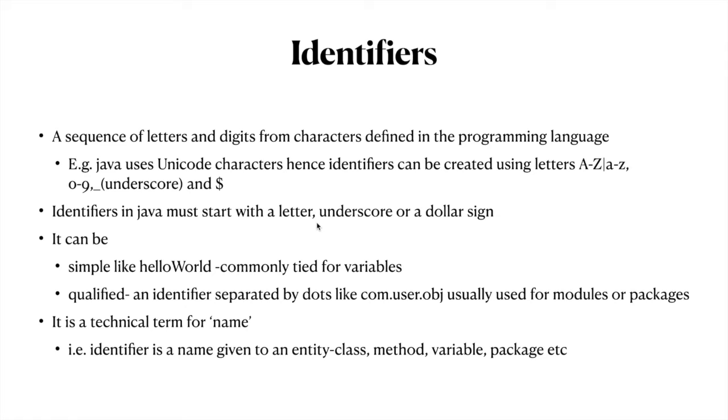So, as we have discussed, an identifier is a technical term for a name for a variable, and we give these identifiers to methods or functions, variables, packages, or classes.